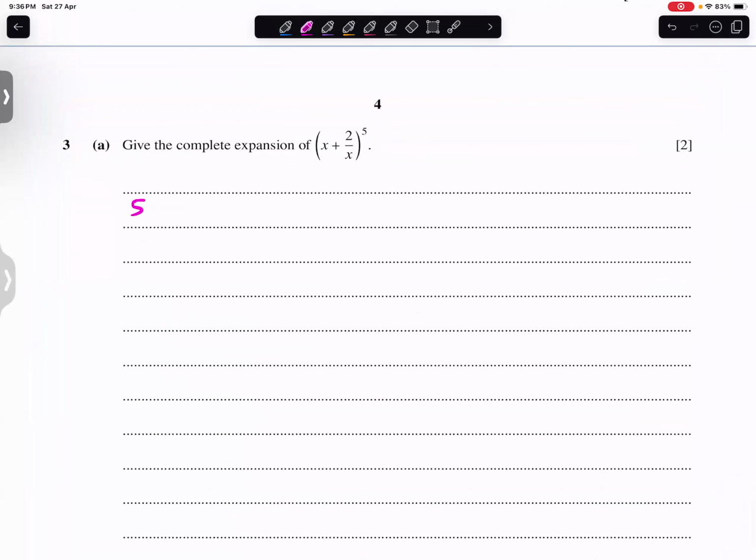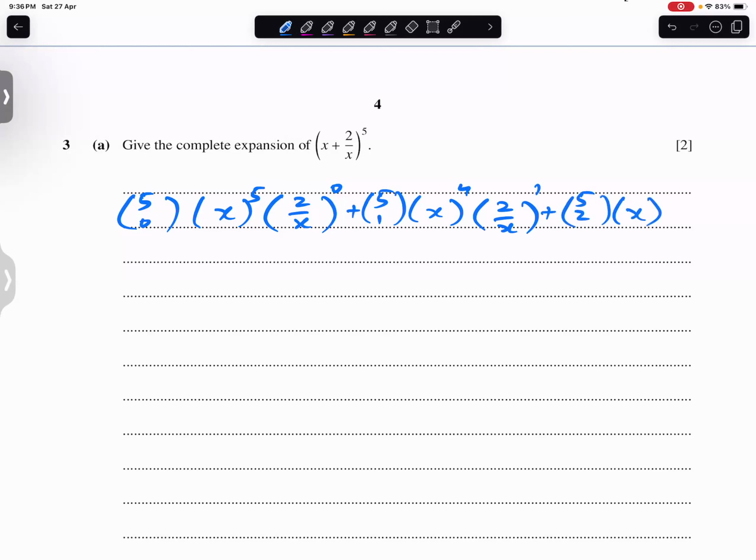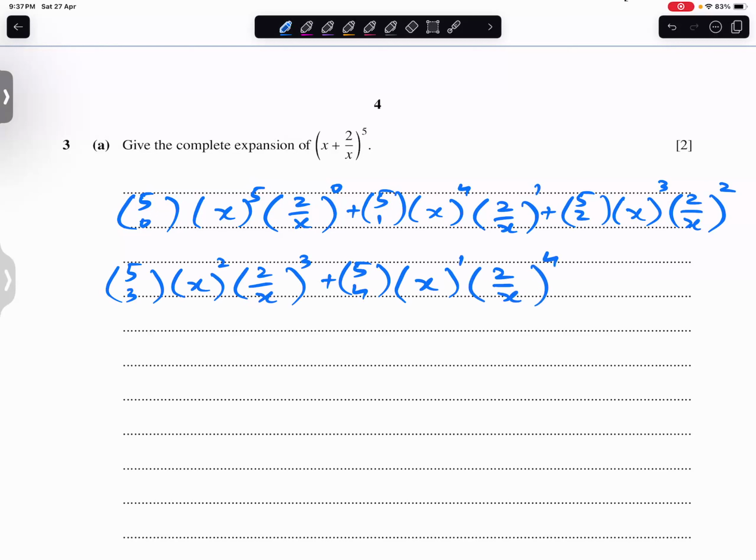So 5C0 x raised to power 5, 2 over x raised to power 0, plus 5C1 x raised to power 4, 2 over x raised to power 1, plus 5C2 x raised to power 3, 2 over x raised to power 2, then 5C3 x raised to power 2, and then 2 over x raised to power 3, plus 5C4 x raised to power 1, 2 over x raised to power 4, then 5C5 x raised to power 0, 2 over x. You can skip this step.